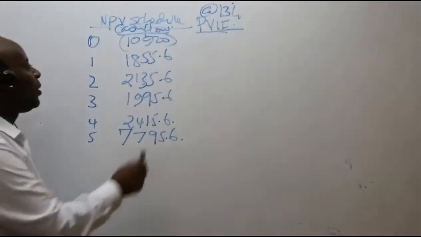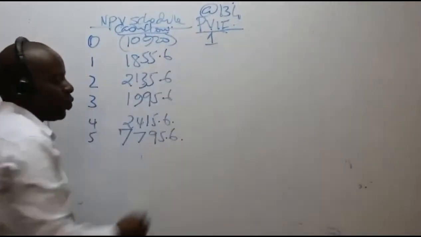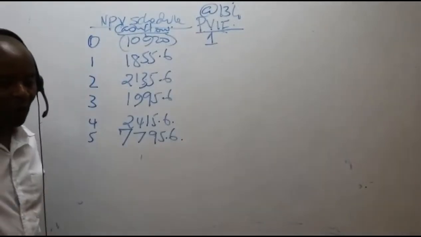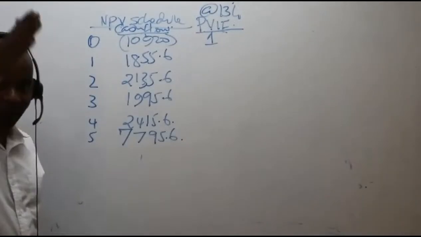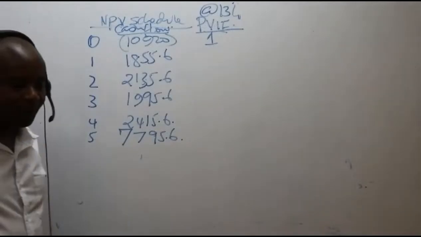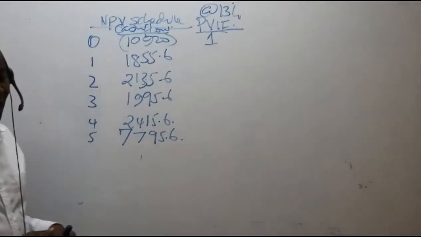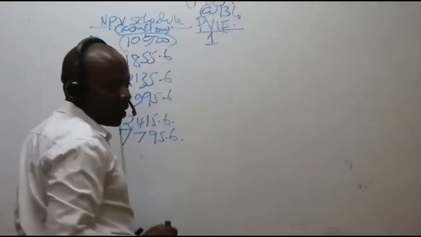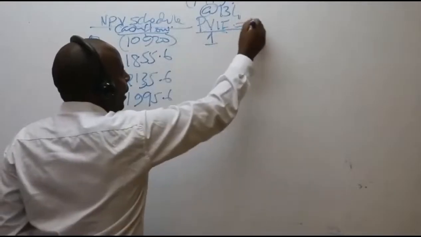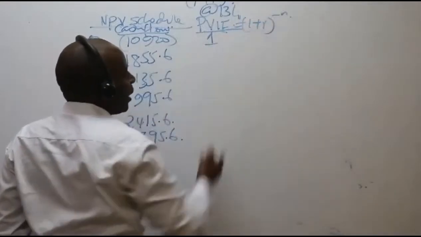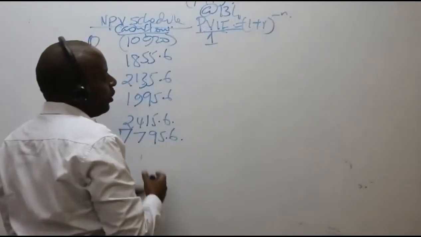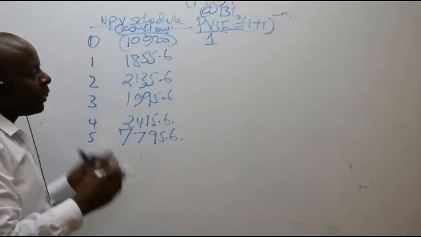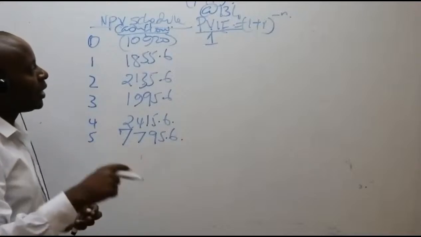I know that at time 0, the PVIF will always be equal to 1. Is there anybody who has 13% in their table? If you don't have it, you know the formula: 1 plus r, raised to negative n. So the first one will be 1 plus 0.13, so 1.13 raised to minus 1.